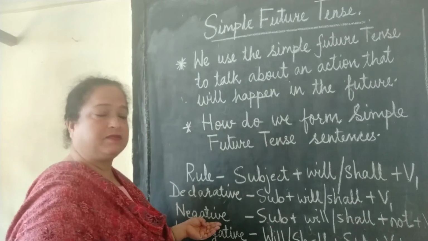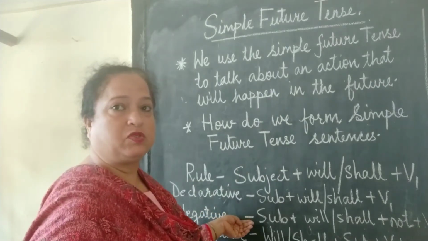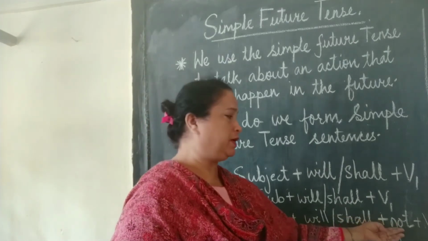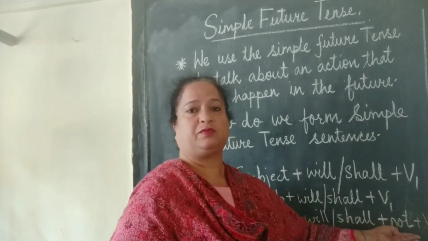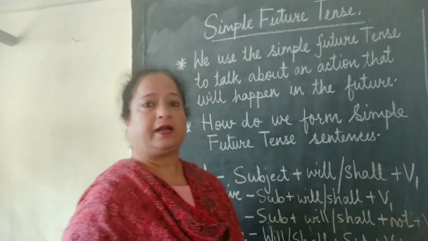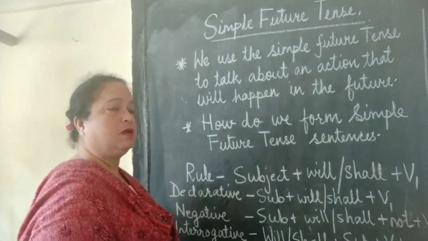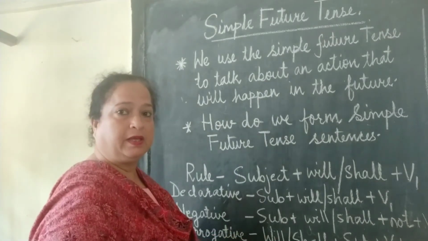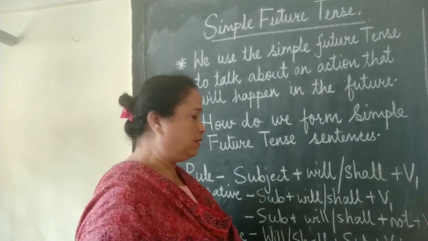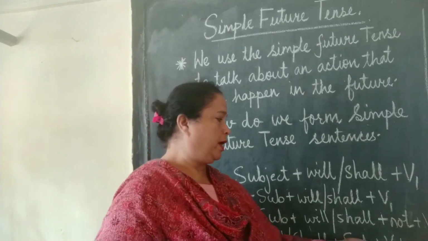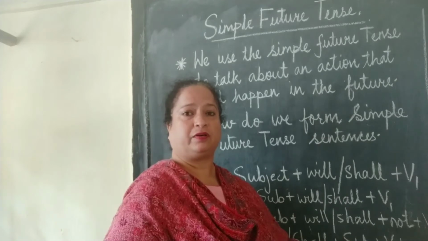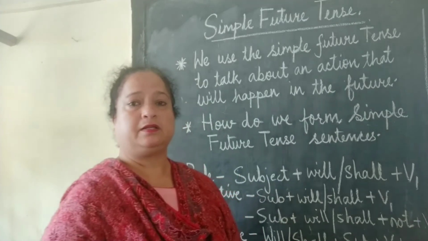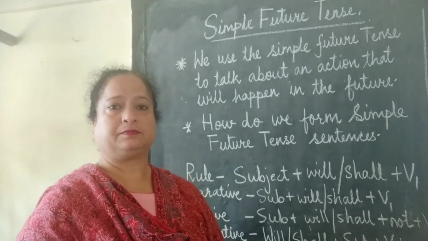To make a negative sentence, we use the subject plus will or shall and we add not to it, and then we use the V1 form of the verb, the base form of the verb, and write the remaining part of the sentence. Now to form interrogative sentences, we begin a sentence with will or shall, then we add the subject and we add the V1 form of the verb, that is the base form of the verb, and then write the rest of the sentence and end it with a question mark.